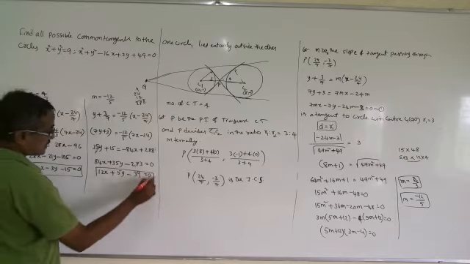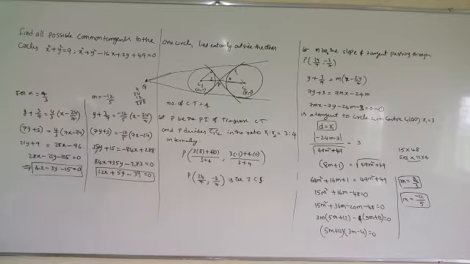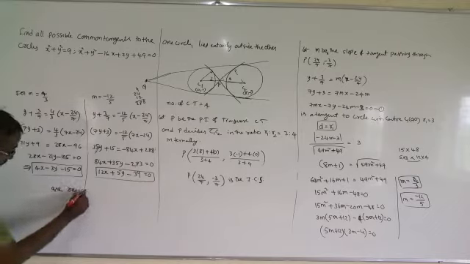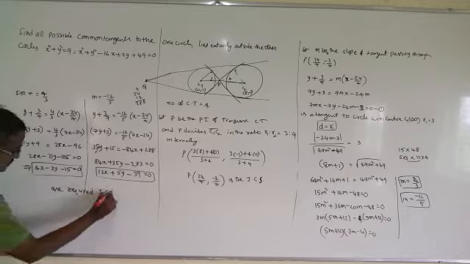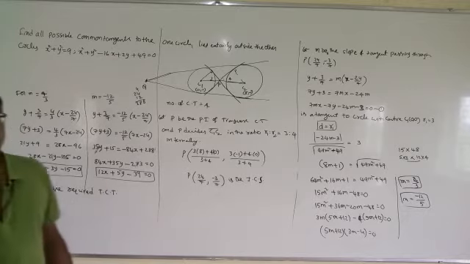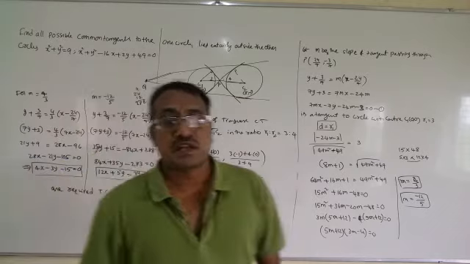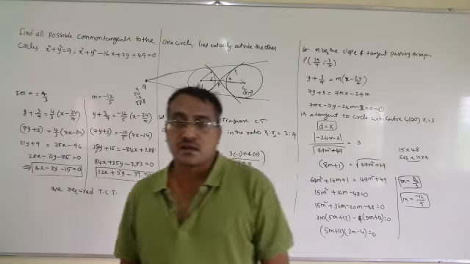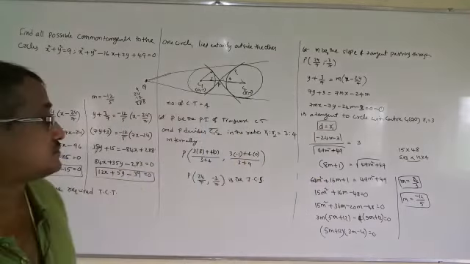So this is the other transverse common tangent. So these are the required transverse common tangents. Now similarly you have to find direct common tangents also.